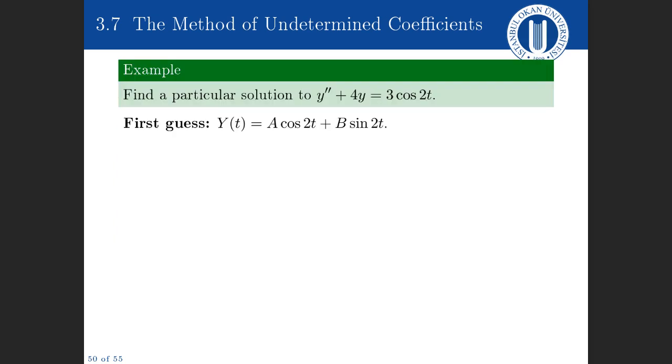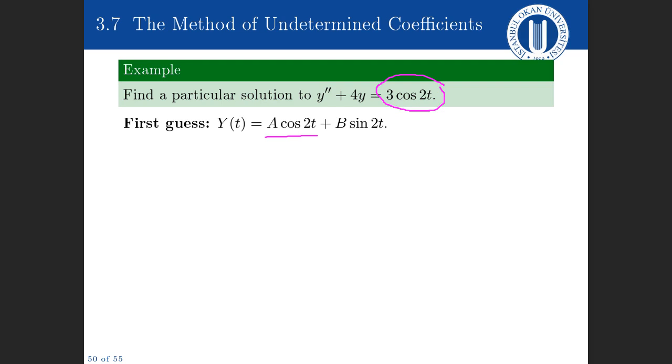Find a particular solution to y double prime plus 4y is equal to 3 cos 2t. So let's do what we were doing before. Let's look at the function 3 cos 2t. That's a number multiplied by a cos function. So our ansatz makes sense as a number multiplied by a cos function.